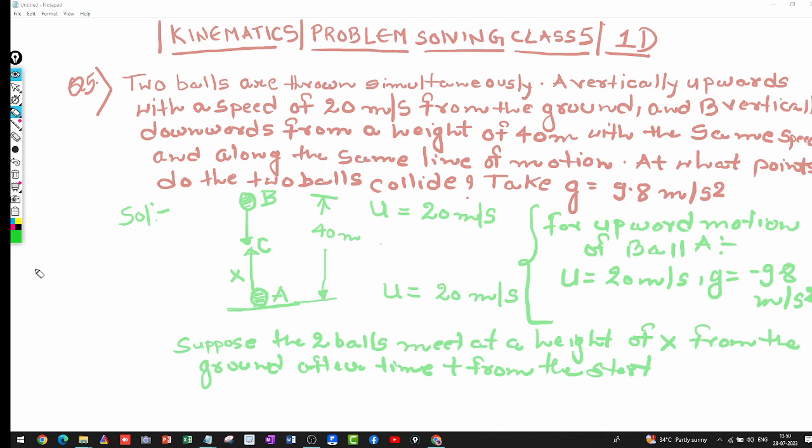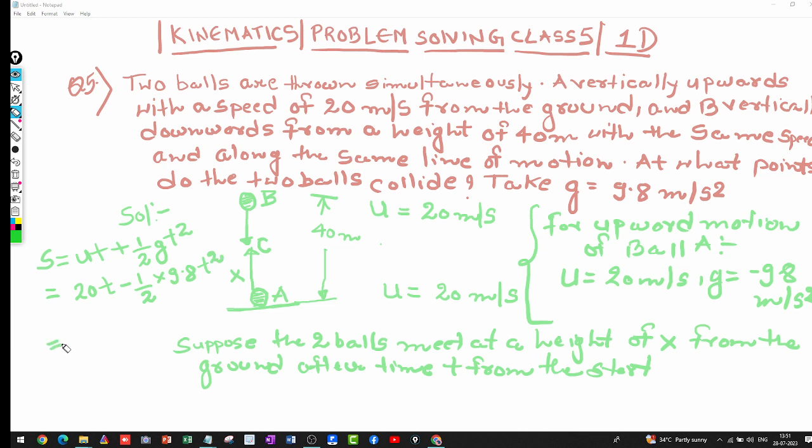So what we have to find? In this case we are going to use s equal to ut plus half g t square, as simple as this. So u is 20, t is as it is, g is minus, so minus 1 by 2 into 9.8, and t squared is as it is.